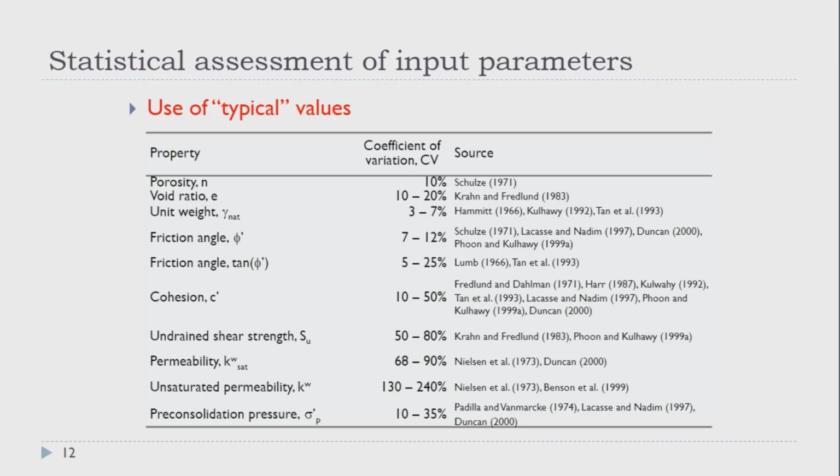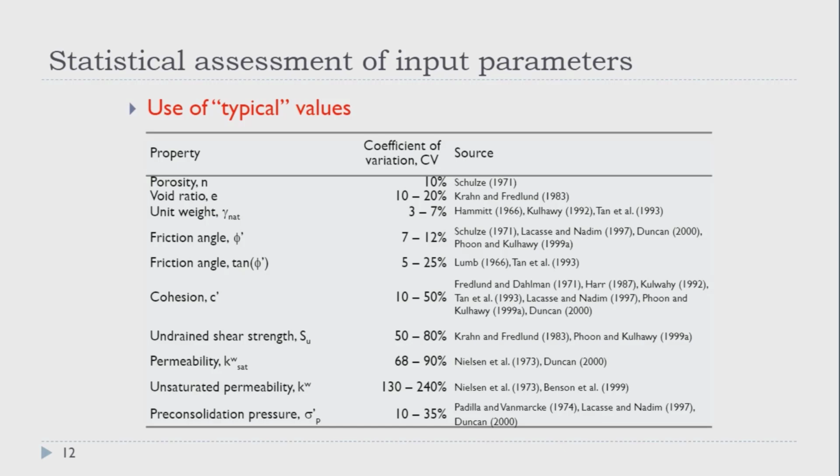This table is by no means complete. There's much more, but I would just point to 2 interesting pieces of information here that pertain to slope stability. The coefficient of variation of friction angle is between 7 and 12%, and more studies have confirmed that. This is a typical range.